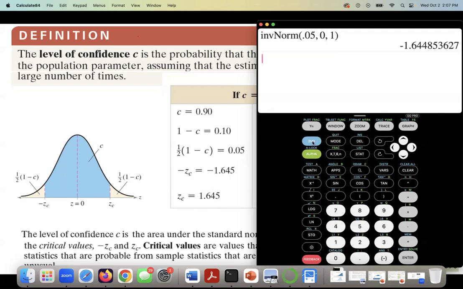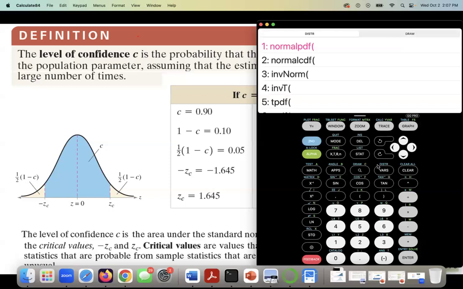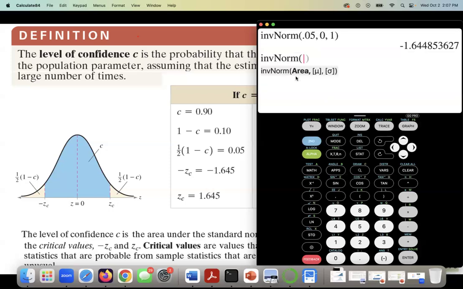Again, you need to go to second, vars, and find inverse norm. Since the larger area is 90%, 1 minus 90% is 10%, and 10% divided by 2 is this yellow area here, which is 5%.